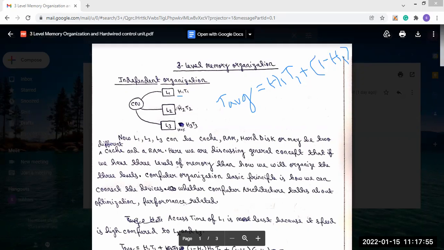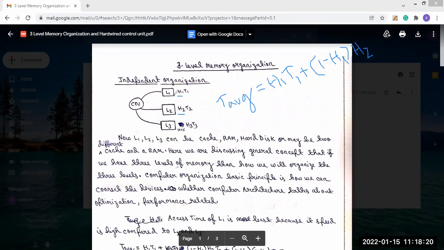Now let's say the data we are searching for is found in the L2. So what will happen? The hit ratio of the L2 is H2. So 1 minus H1, then H2, because this is the second case where the data is found in the L2.